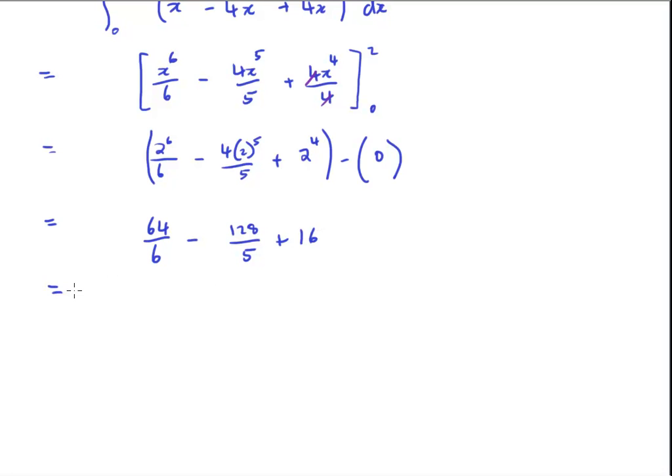So you can work away on the fractions there if you want, getting the common denominator, or use your calculator to work out 64 over 6, take 128 over 5, plus 16, giving us a final value here of 16/15. That's simplified, that's fine.